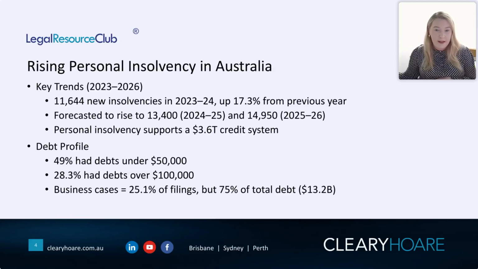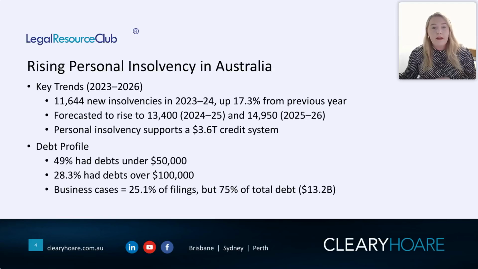So insolvency is obviously on the rise in Australia, and this information is taken from a report prepared by the Australian Financial Security Authority, AFSA, that look after bankruptcies and other insolvencies in Australia. This is based on data that they had up to the end of the 2024 financial year.